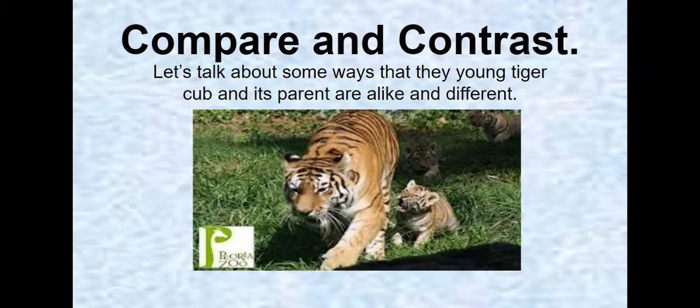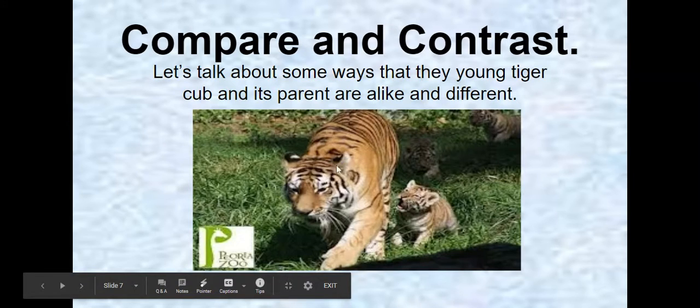We can see it has stripes. We can see it has the same coloring. They're walking on all fours. They have the same ears, the same eye color, the same nose. There are a lot of similarities between these two animals. So we can assume that this is the offspring of this tiger.